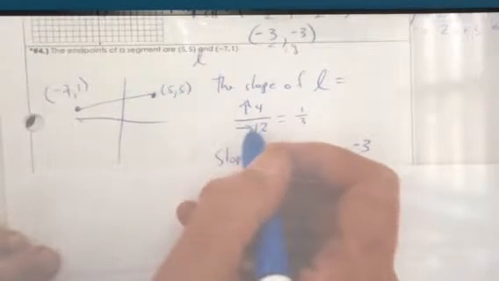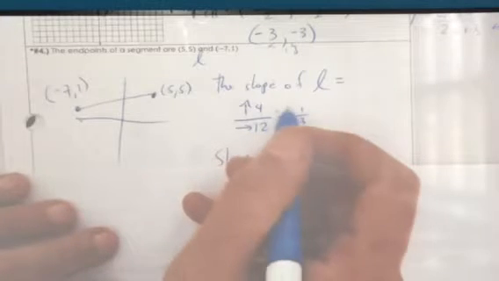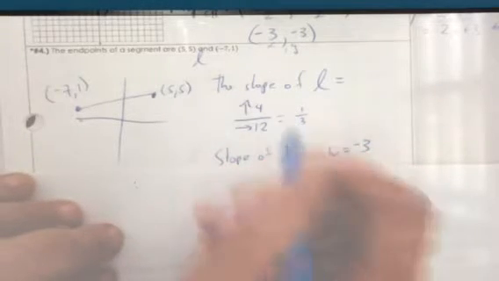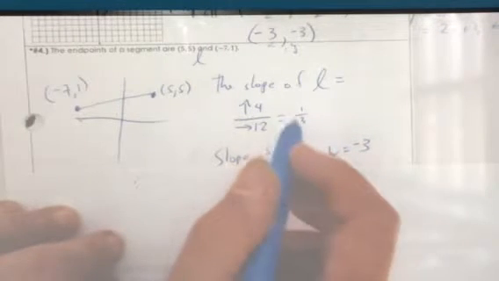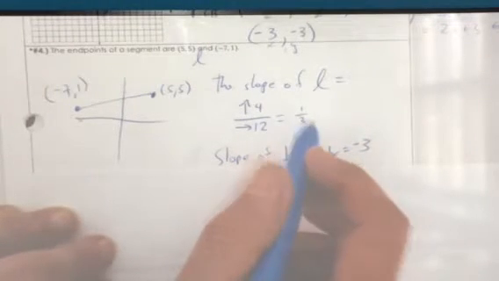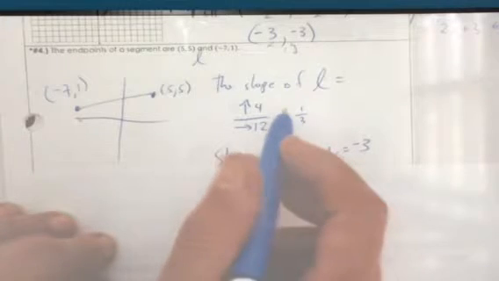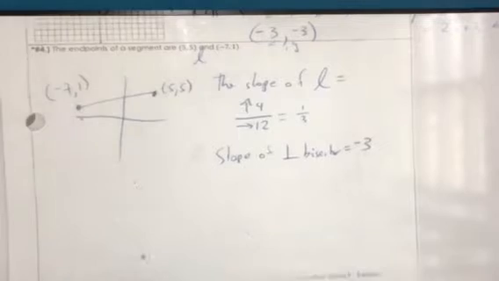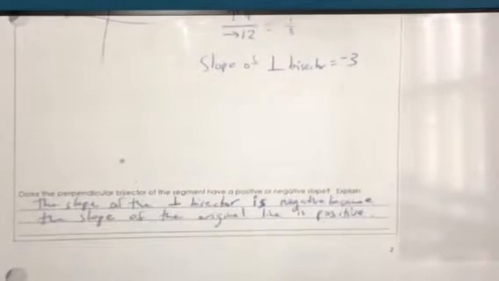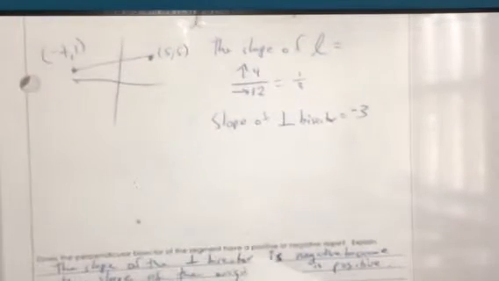Up 4 and right 12 gives us a slope of positive 1/3. The perpendicular slope will be negative 3. Take 1 over 3 and give the reciprocal 3 over 1. Change the sign from positive to negative 3. Oh, so I didn't finish this problem yet.